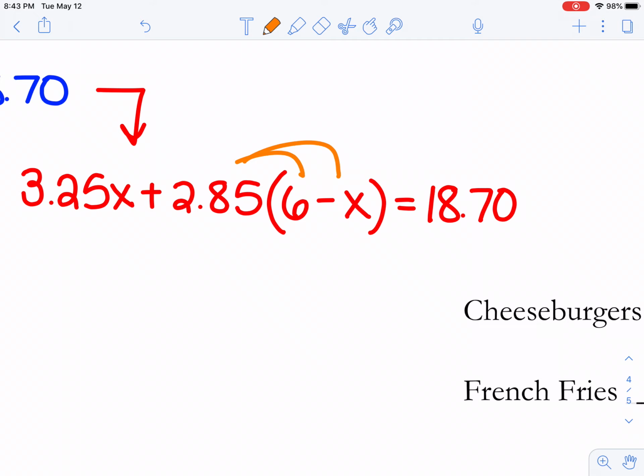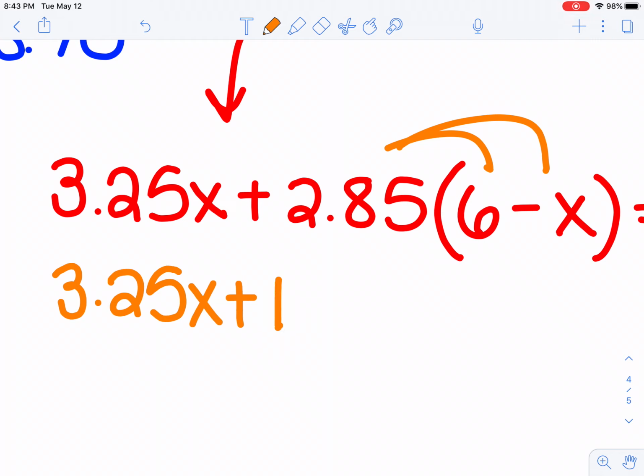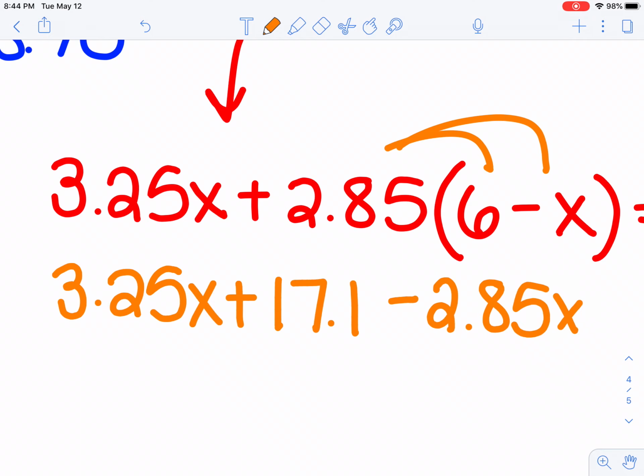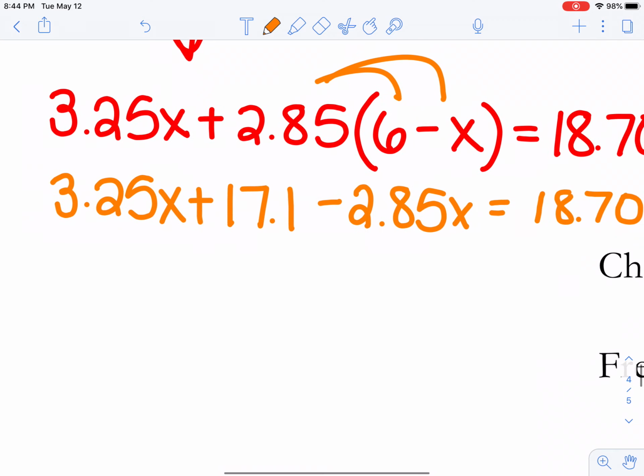So 2.85 times 6 is 17.1. So 3.25x plus 17.1 minus 2.85x. Okay, so I distribute it to the x as well. Equals 18.70. We're almost there.